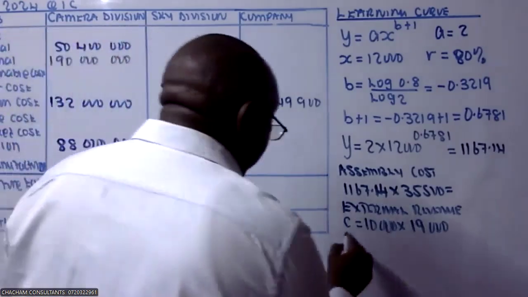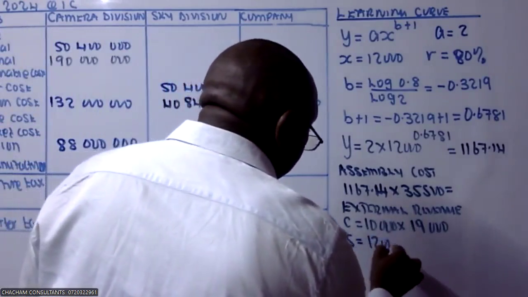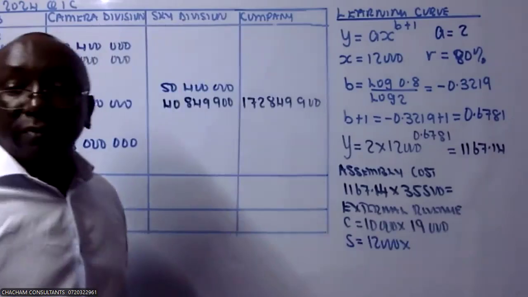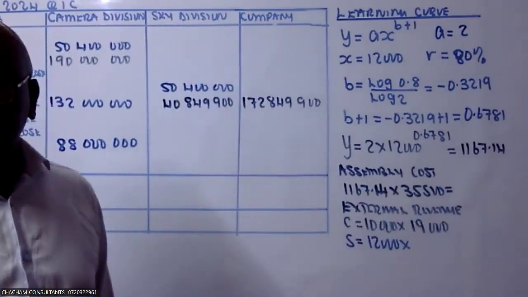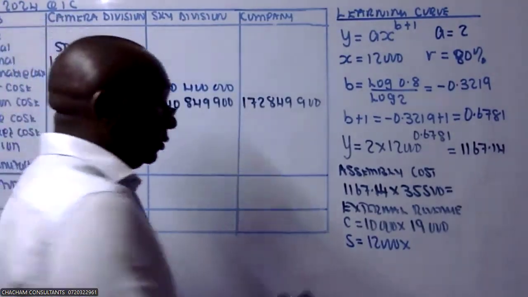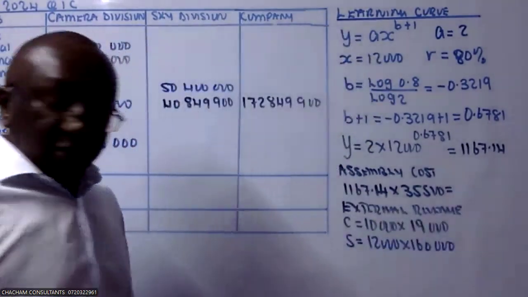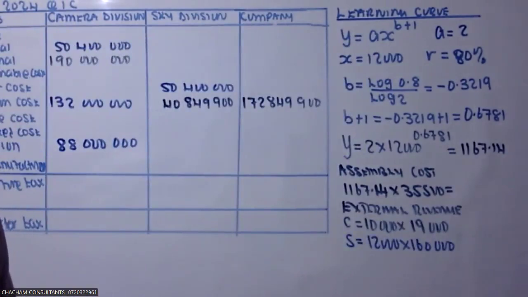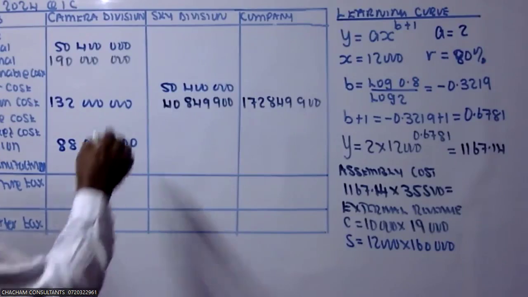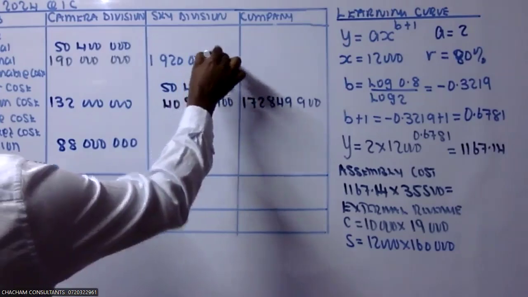Then for the sky, they are selling 12,000 drones at 160,000. If you do that, 12,000 times 160,000, I'm getting 1,920,000,000.